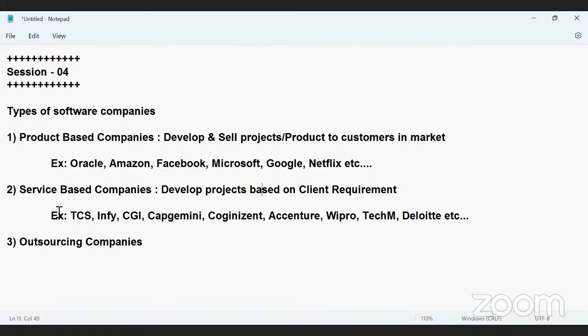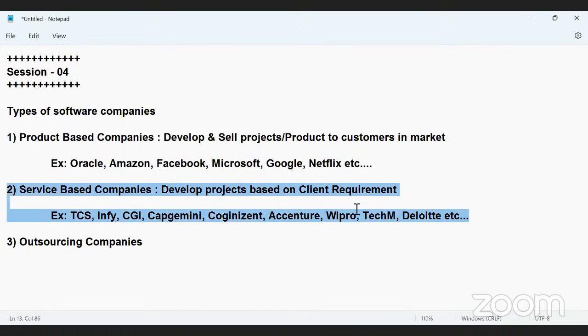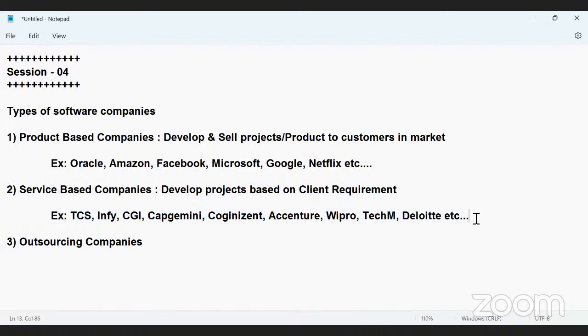Similarly, service-based companies will develop the projects based on client requirements. Outsourcing companies provide employees to other companies on a contract basis.